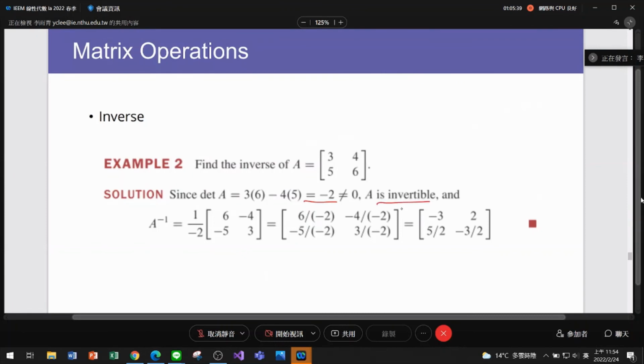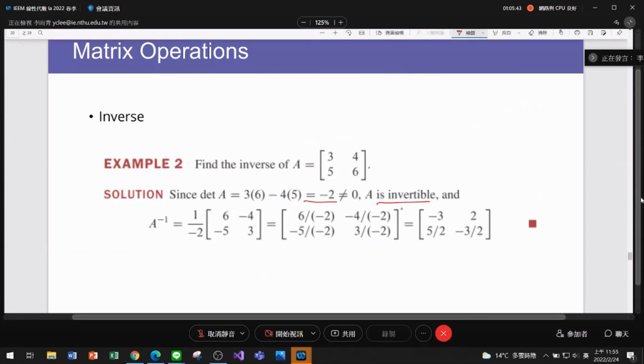And so we calculate A inverse by exchanging the positions of 6 and 3, and then multiplying 4 and 5 by -1, and then dividing by the determinant, -2, and that will give us the inverse matrix. Okay.